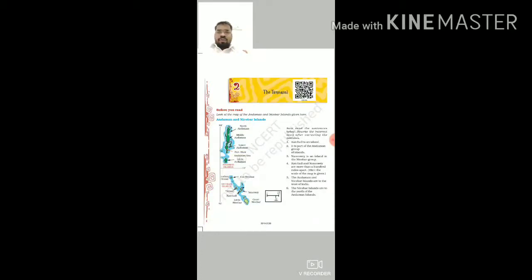Look at that map, you come to know the Andaman Islands and Nicobar Islands. There is a group of many islands, and that is given in that map.